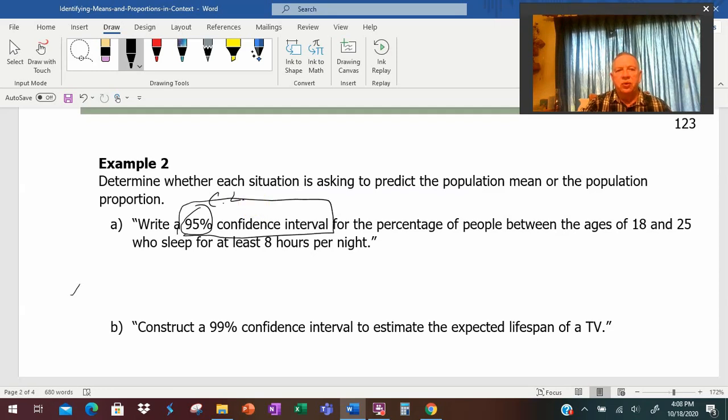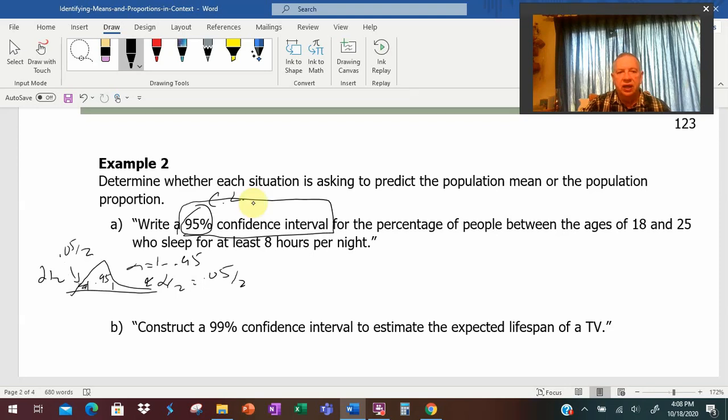If I draw my little bell-shaped curve, 0.95 is in the middle, alpha is 1 minus 0.95, and then this is alpha over 2, so 0.05 over 2 here, and the area over here is the 0.05 over 2. That's another alpha over 2.